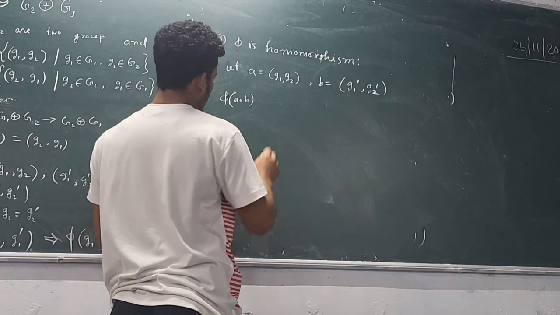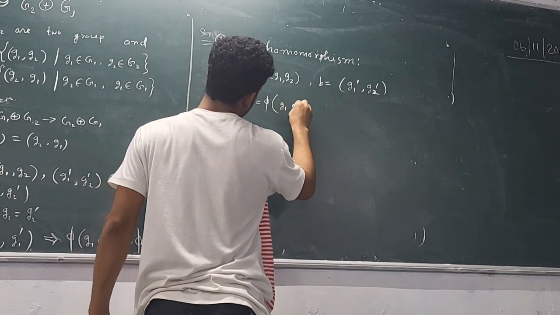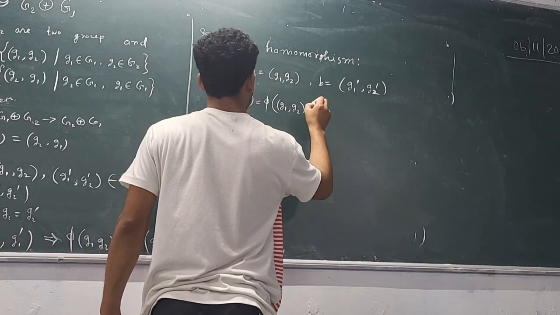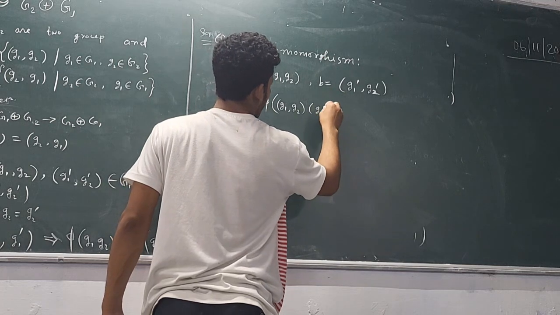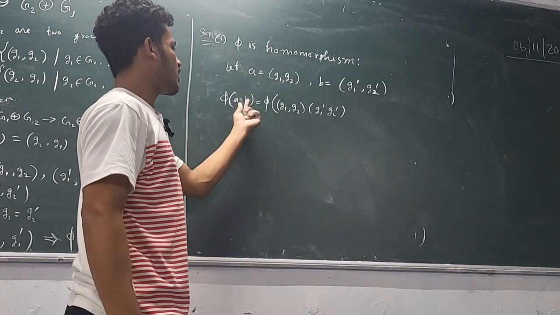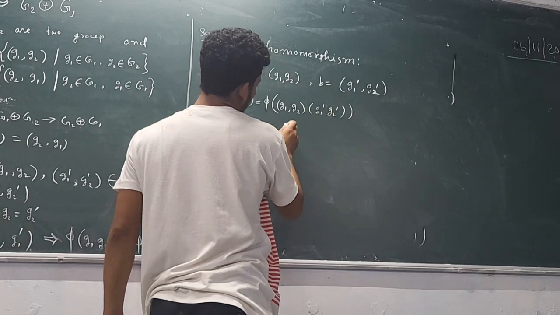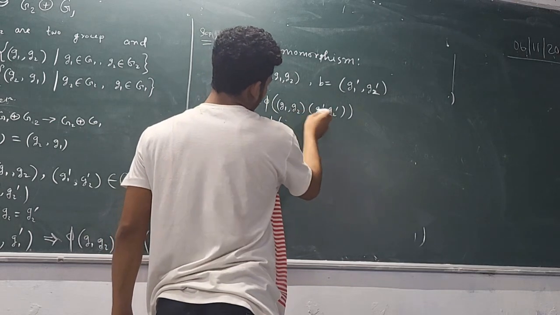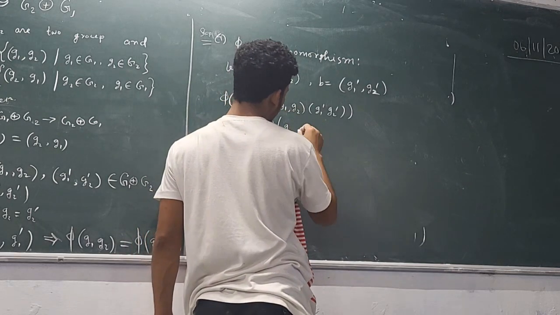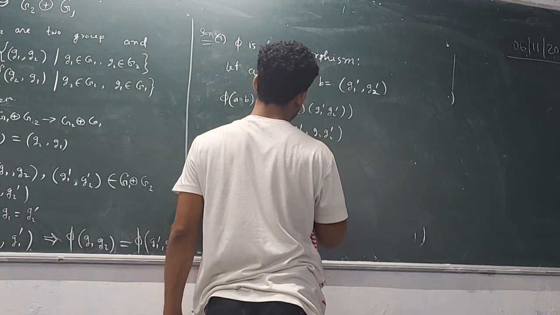So this is equal to phi of A, meaning (g1, g2), and (g1', g2'). If you don't write the operation between them, it will work. Phi of this is equal to phi of the operation between these two, component-wise multiplication: (g1 g1', g2 g2').